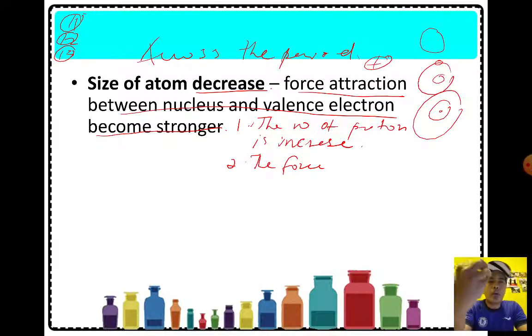Bila dia tarik kuat sebabnya proton ni dia akan menarik elektron datang dekat pada dia. So makin lama bila ditarik tu, dia punya jejari atom, kita kata the size of the atoms tu makin lama makin mengecil lah. Size dia makin mengecil disebabkan dia punya daya tarikan tadi.